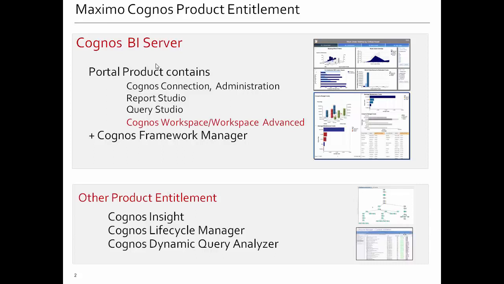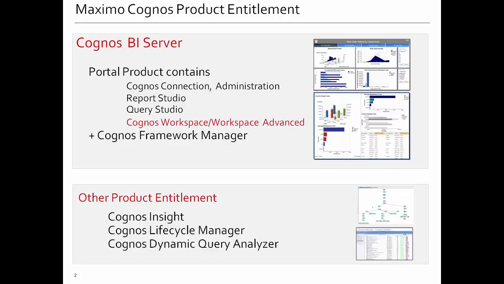Within the BI server is a portal, and the portal is the launching point to all the different Cognos products. Those products include Cognos Connection, where you can view reports, Cognos Administration, two of the report development tools, Report Studio and Query Studio, and then the suite of newest Cognos tools, Cognos Workspace and Workspace Advanced, and also Cognos Framework Manager.